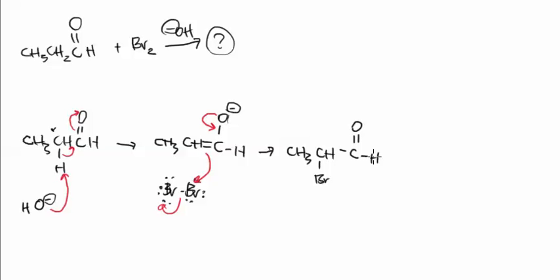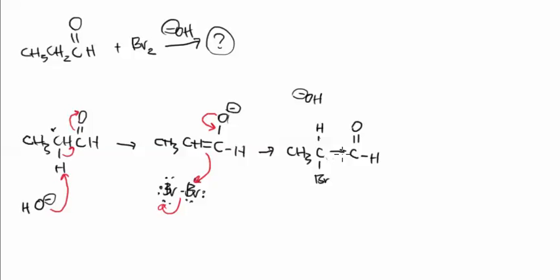However, this is a base environment, which means that we have more OH group in solution. So we get an OH group that maybe comes back into the picture, and it notices that this carbon now has another hydrogen that it could give up.